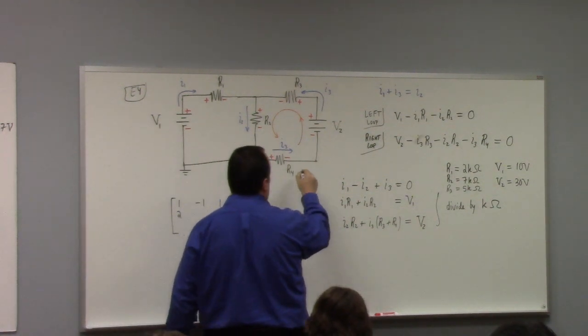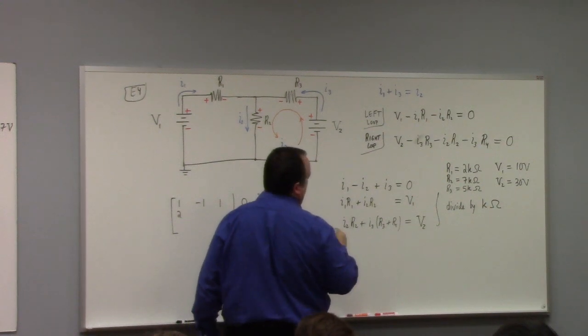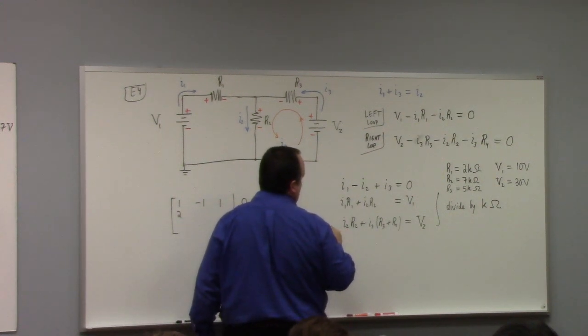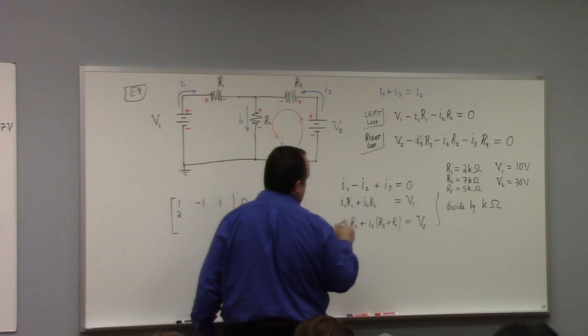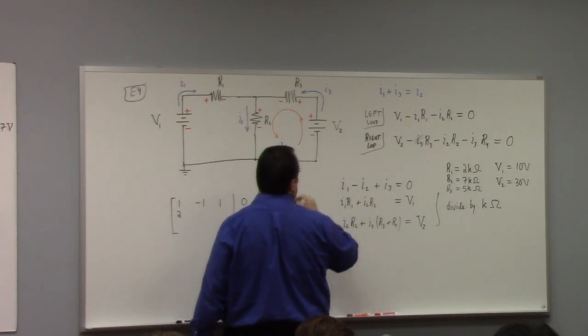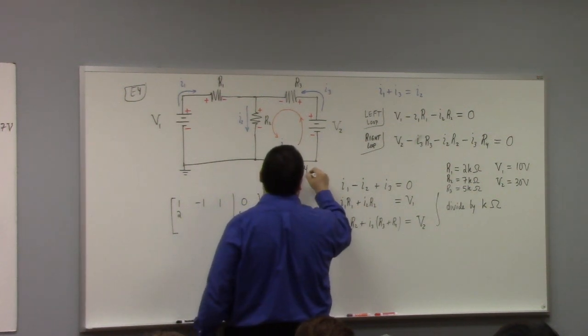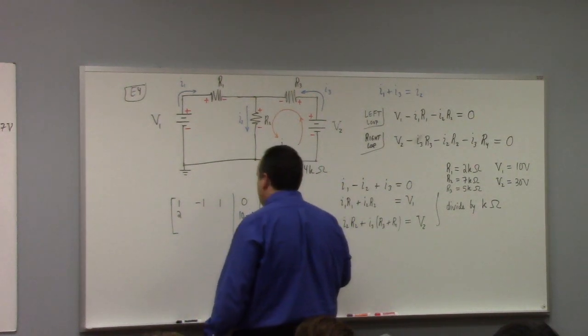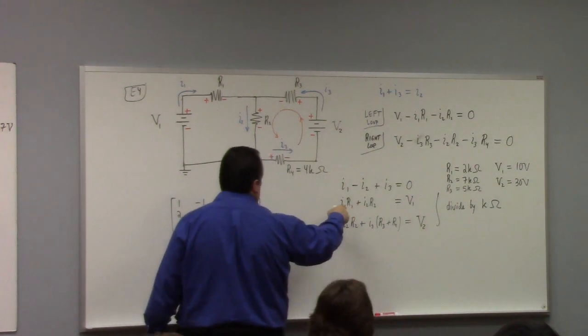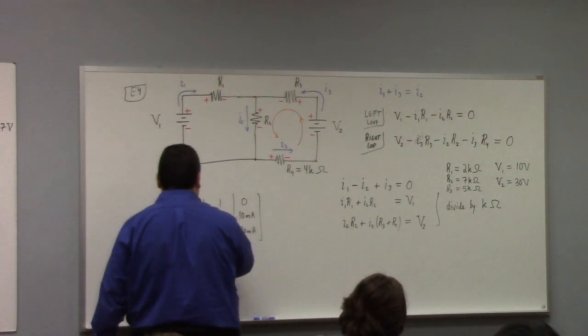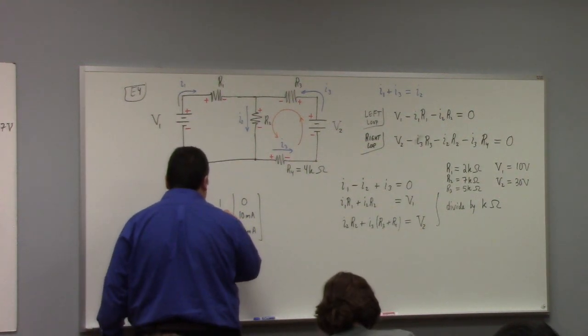R4 is equal to, let us say, 4 kilo ohms. How about that? So 2, R2 was 7, so put a 7 here. Then 0.